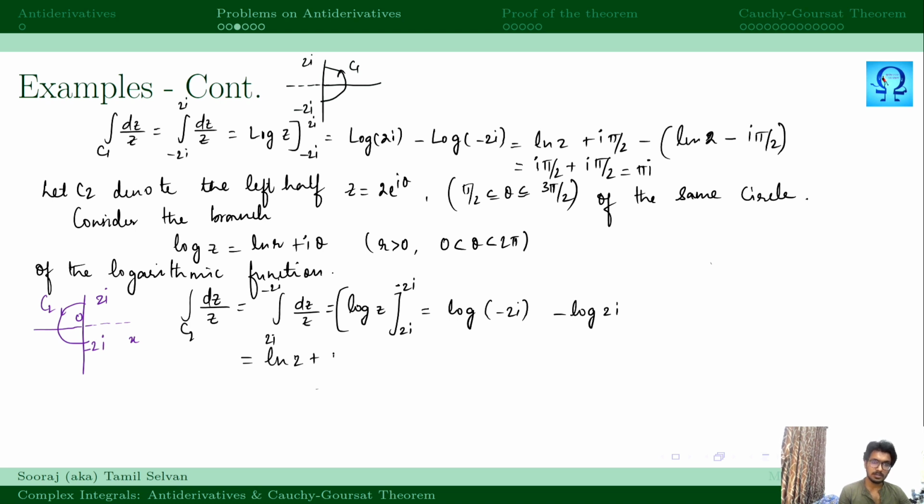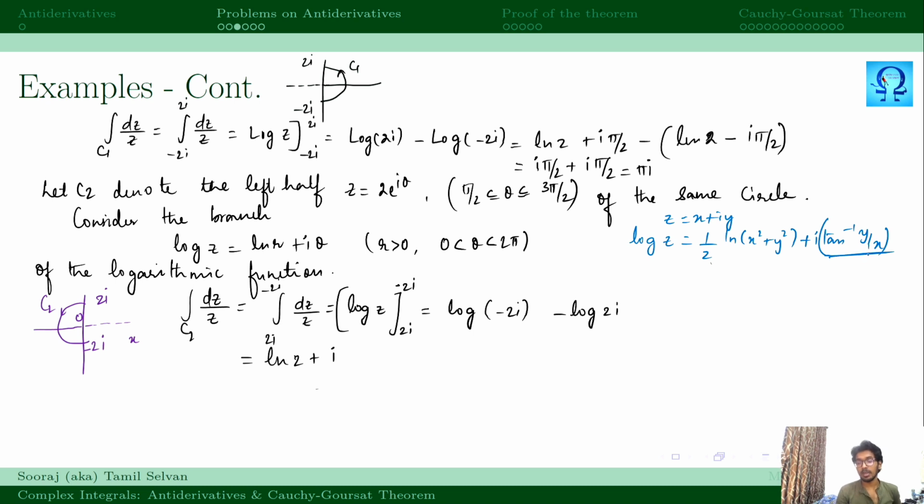It is log 2 plus iota times theta, and we have to see that the theta value lies between pi by 2 and 3 pi by 2. Let me explain the idea. We have already seen log z. Suppose z takes the form x plus iota y, then this is half times ln of x squared plus y squared, that is ln r, plus iota times tan inverse of y upon x.